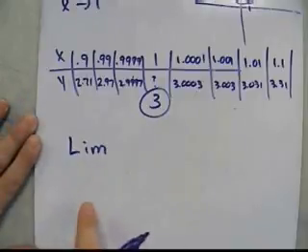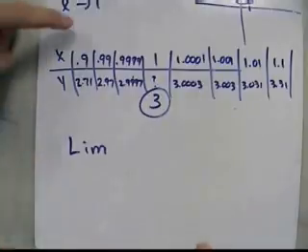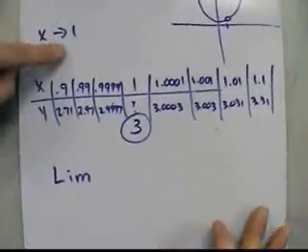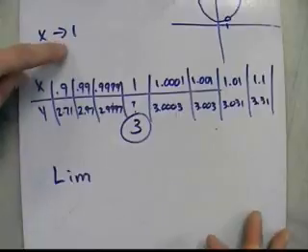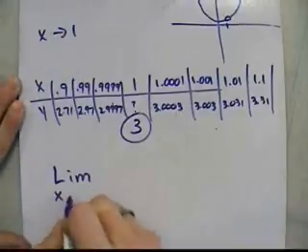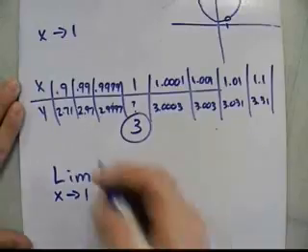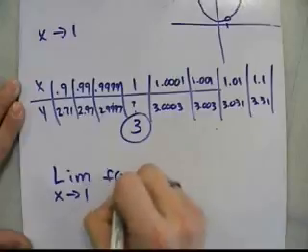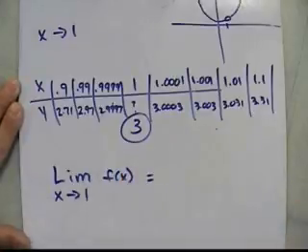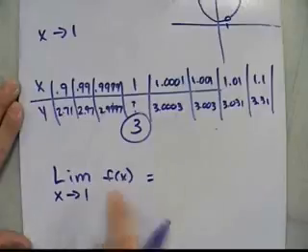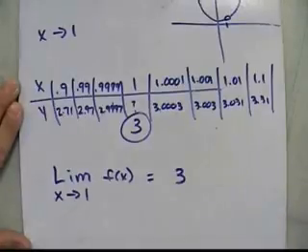We're going to go the limit as, now the value that we were approaching, the x value, was 1. That was kind of our no-no value for this. So we're doing the limit as x approaches 1 of whatever our function is. I'm just going to write f of x. So the limit as x goes to 1 of f of x equaled 3.